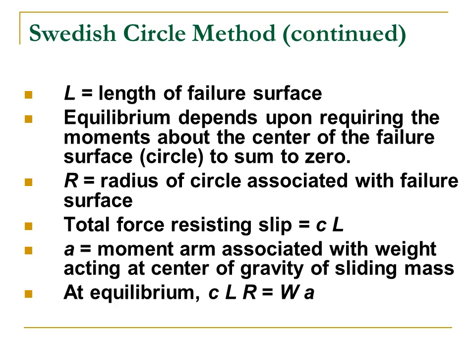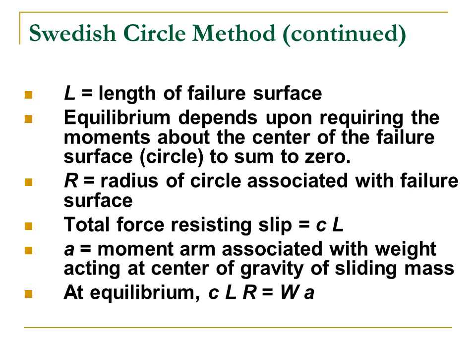To continue with this calculation, let me introduce a few more variables and concepts. First, we'll have the length of the failure surface. This is just a circular arc, and we'll call that length L. Recall that equilibrium depends on requiring the moments about the center of the failure surface, or the slip circle, to sum to 0. So we're summing the moments and setting them equal to 0.